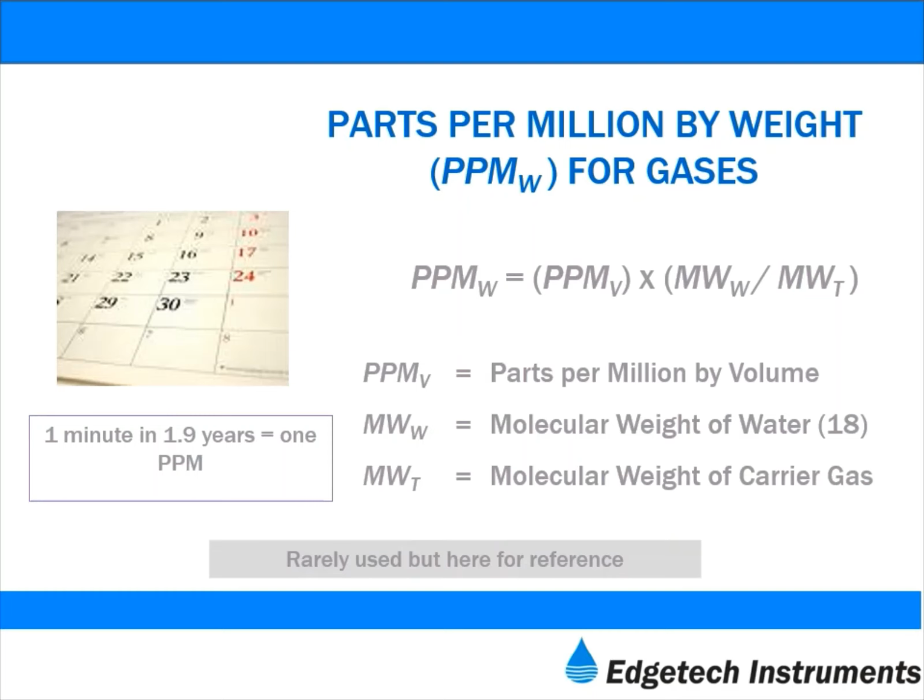Those two values have to be known. Obviously, the molecular weight of water is 18, so you'd have to know the molecular weight of the carrying gas to do the calculation of ppm by weight.